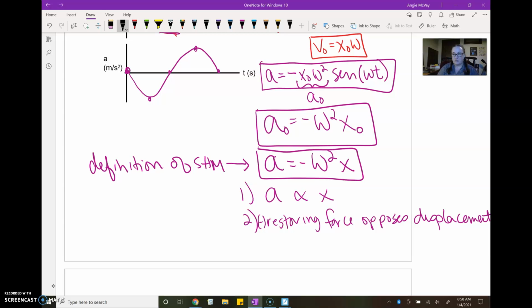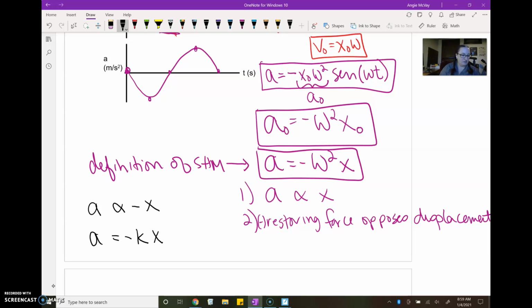In your textbook, I'm going to refer you to some pages, and they will do something that's kind of confusing. They will say, for simple harmonic motion, a is proportional to negative x. All right, cool. And then they will say a is equal to, turning a proportionality into an equality, negative kx.